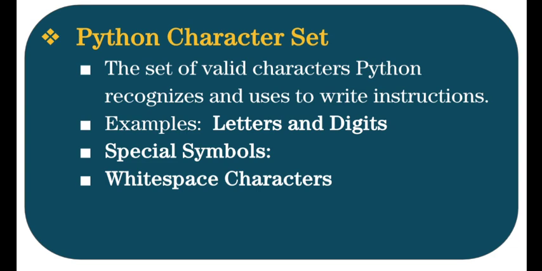Special symbols: it can be parenthesis, that is round bracket, brackets, that is square bracket, or it can be math symbols like plus, minus, star, slash, or it can be comparison symbols like equal, less than, greater than, or any other special symbols like hash, dollar, at, etc.